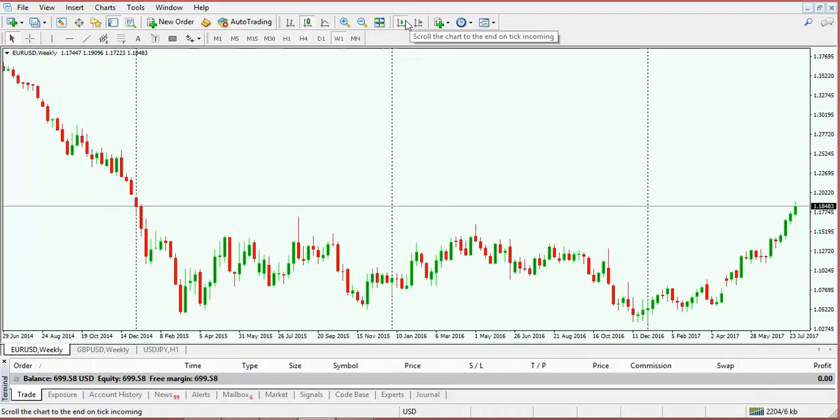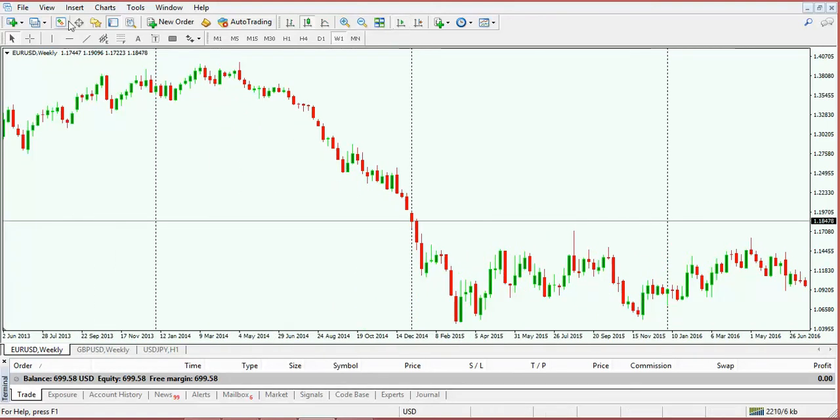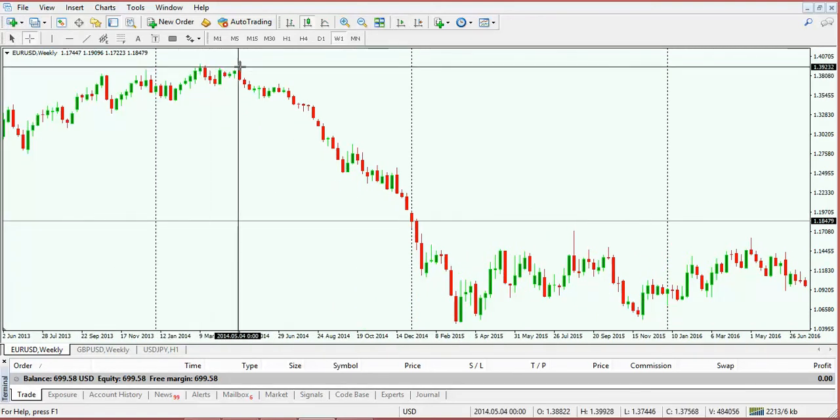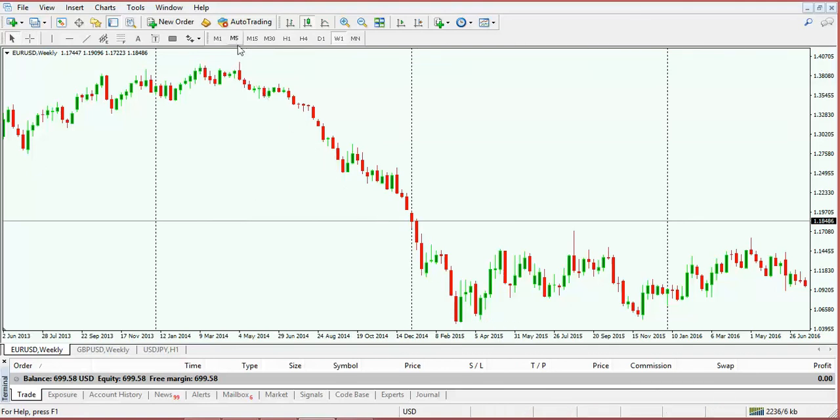Go to the weekly chart and look at market sentiment from 2014, May. See that the market has been bearish for a period of close to 1 year. So that is the sentiment.